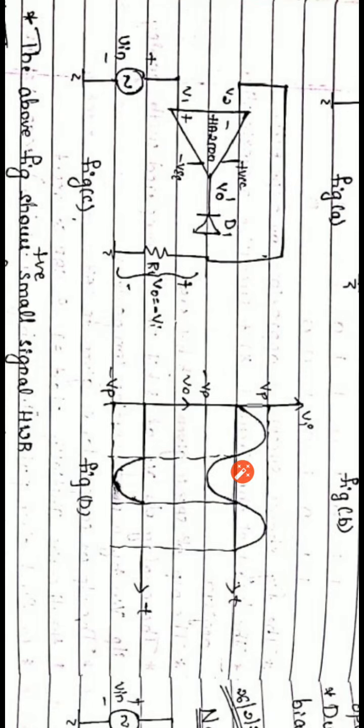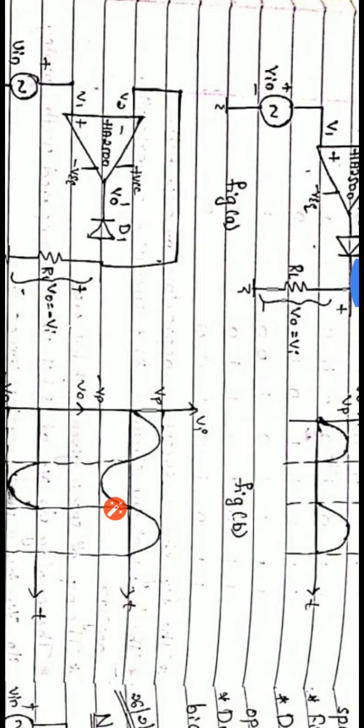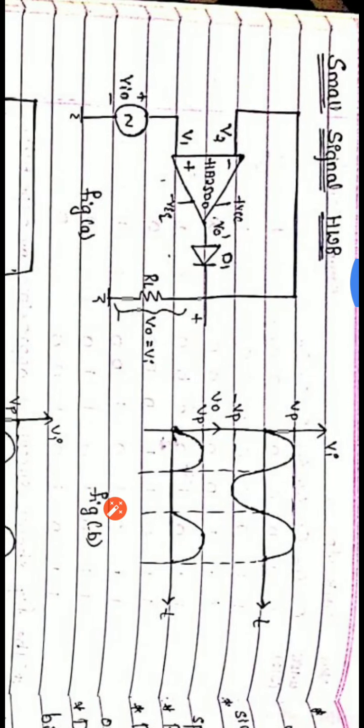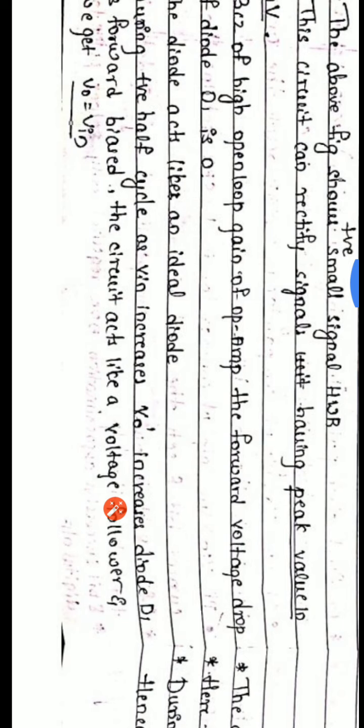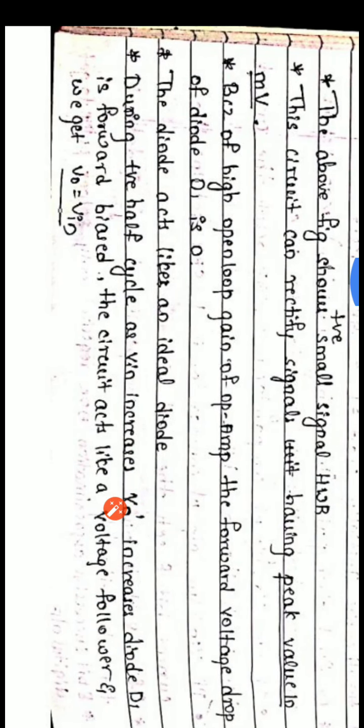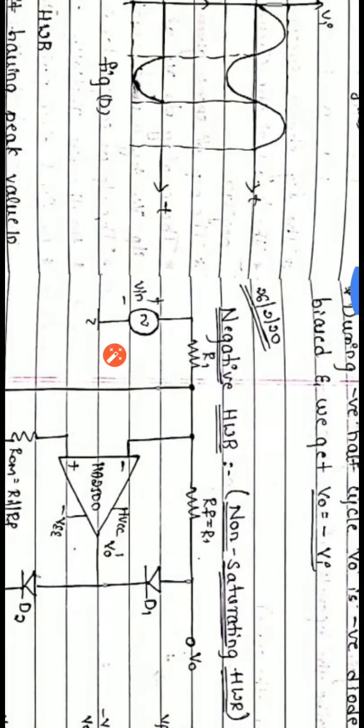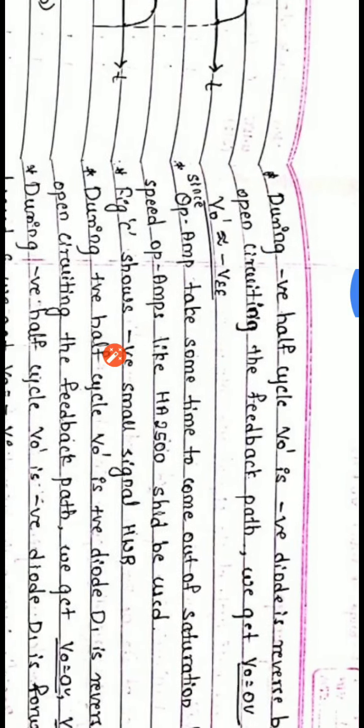So during the negative cycle we get the output, amplified. Looking at this, we can say that an op-amp can be used as a half wave rectifier for small signal analysis. The only change is that the diode can be used as an ideal diode here because the gain of the op-amp is very large.